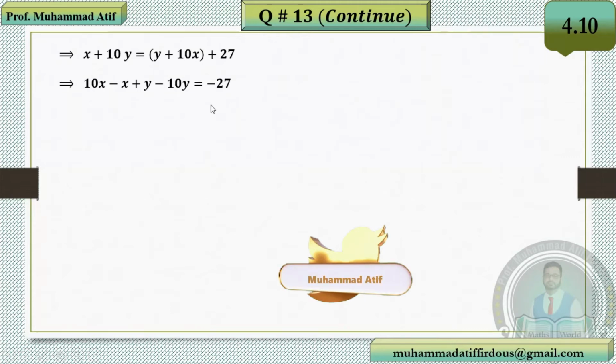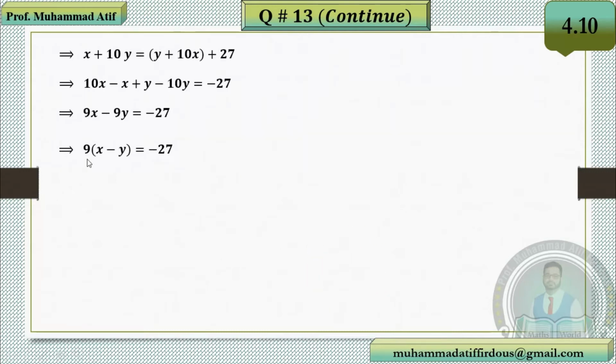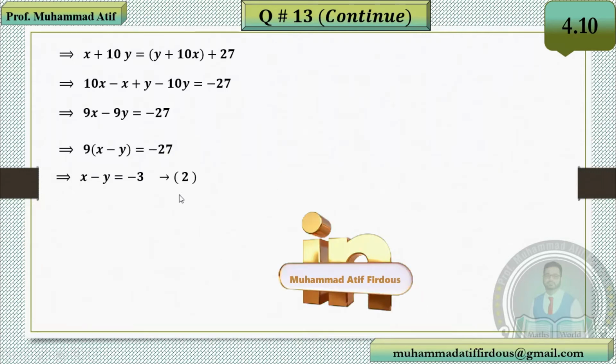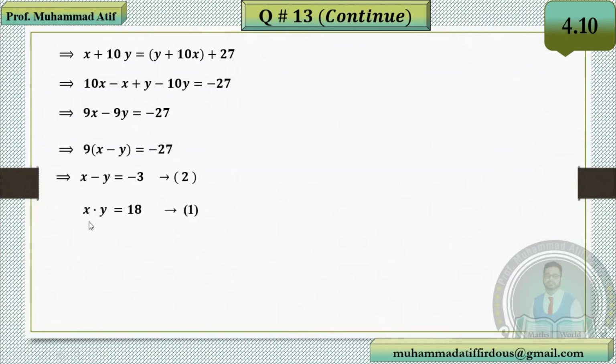Simplifying more, by taking 9 common from your left hand side and dividing 9 by 27, we have x minus y is equal to minus 3. But we already have an equation which is given, xy is equal to 18, meaning the product of these two digits is 18.